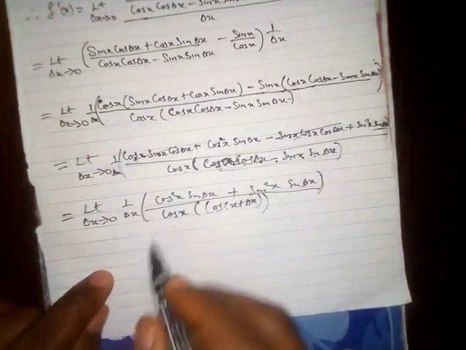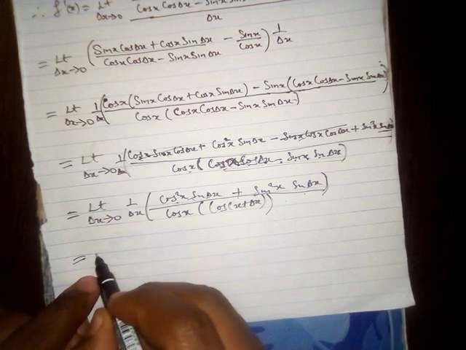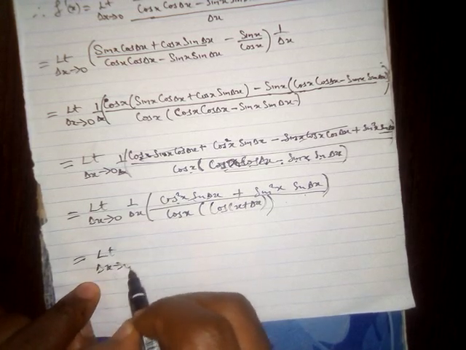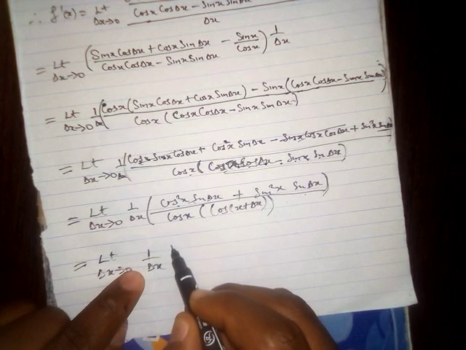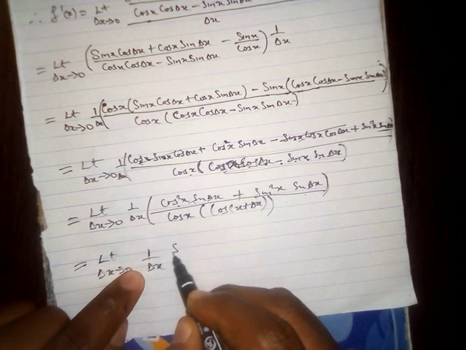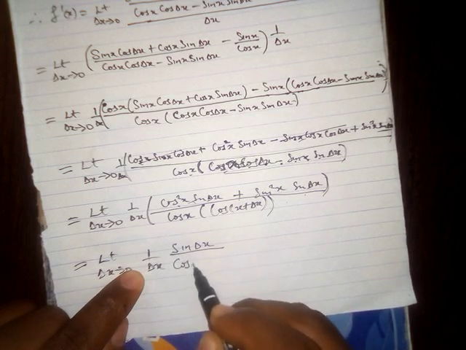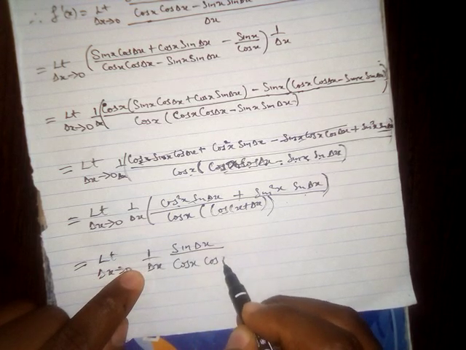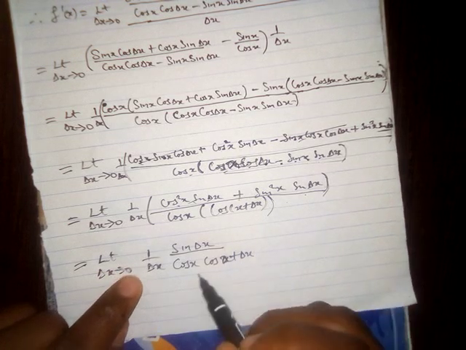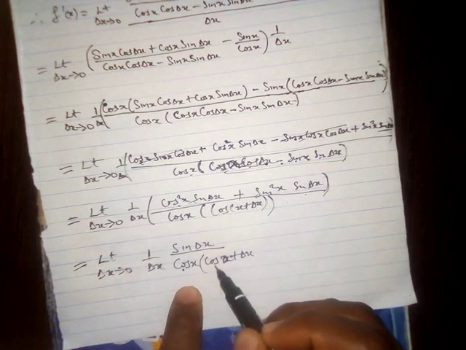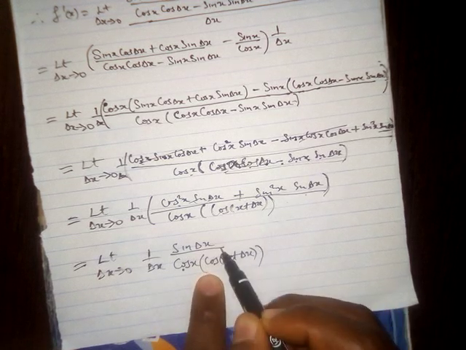Okay, now I'm going to factorize sine change in x out. So this will be equal to the limit as change in x approaches 0. This is 1 over change in x into, if I factorize, this will be sine change in x all over cos x times cos x plus change in x. Okay, sorry about that.